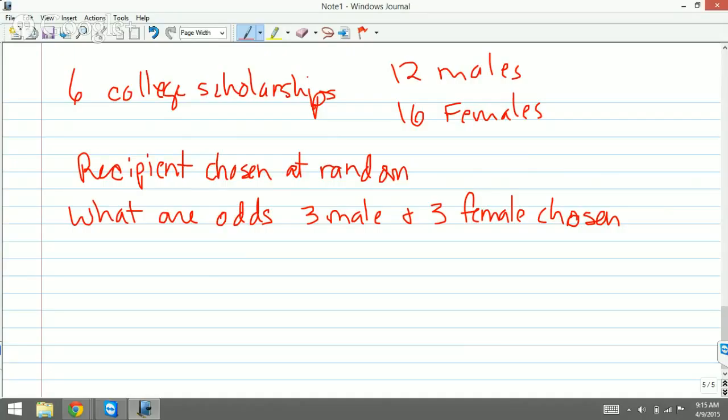Okay, so we have to use some reasoning here. We have to actually think through this one. We know that odds are success over failure, right? So if we're thinking through this, what is a success?